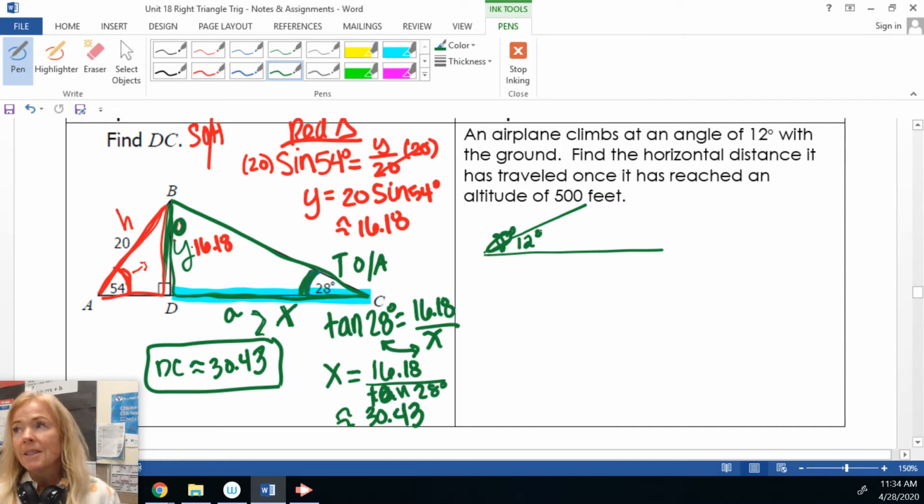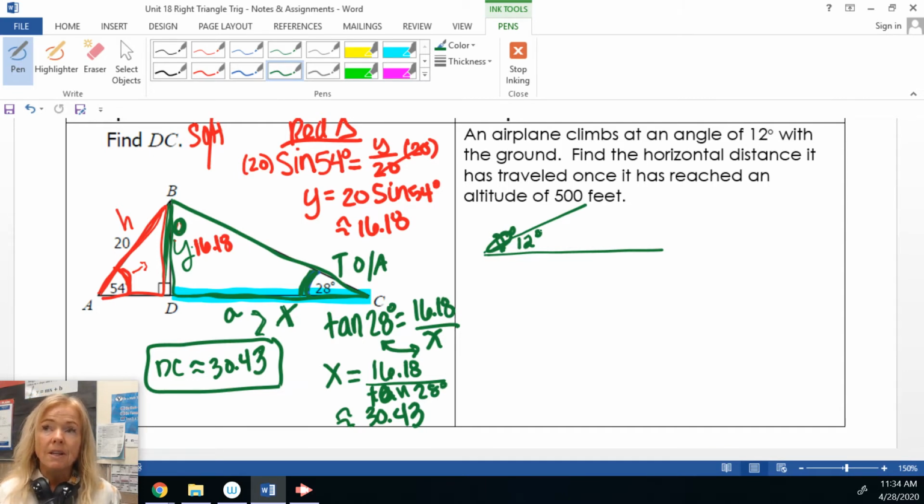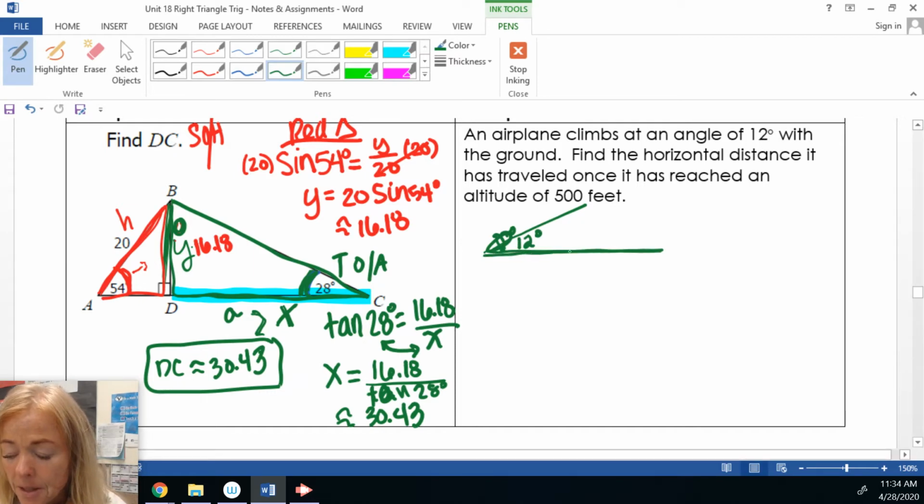Now, drawing the picture is very imperative so that you can see which the sides are and figure out where the angle is. You have to have a picture. So the first thing I would do is diagram what you read. When it says an airplane climbs at an angle of 12 degrees, then you have your little airplane climbing. We have a horizontal, this is the ground here, and it's climbing at a 12-degree angle.